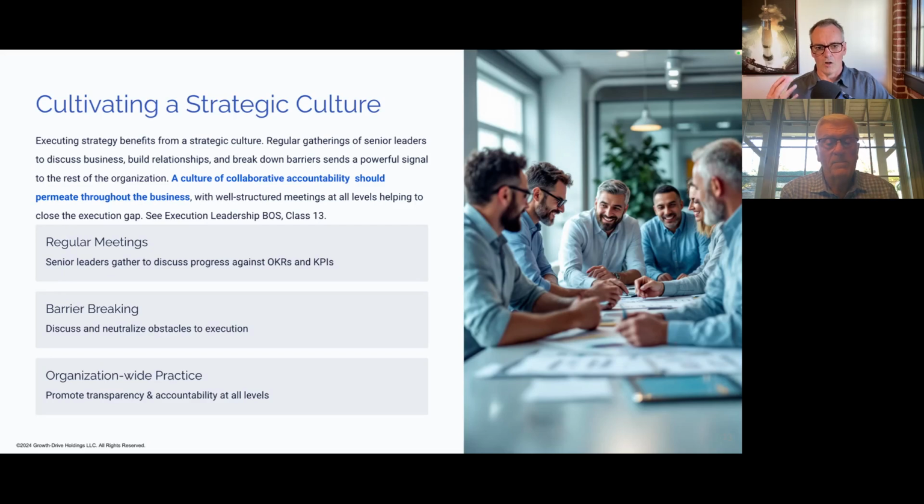And there are some hallmarks of a strategic culture. So one is a culture of collaborative accountability that should permeate throughout the business. Okay. So not only is the senior leadership meeting weekly, each senior leader is meeting with their team.